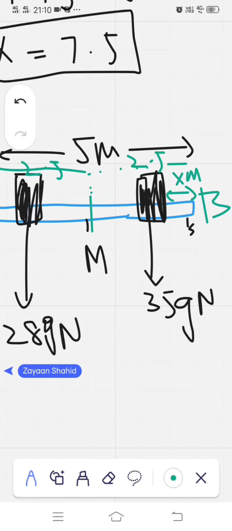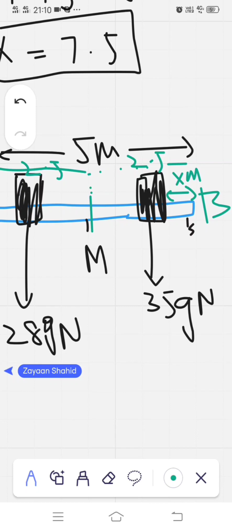So clockwise moment is equal to anti-clockwise moment. As you can see, the 35 kg weight is in the downward direction. 35 is heavier than 28.